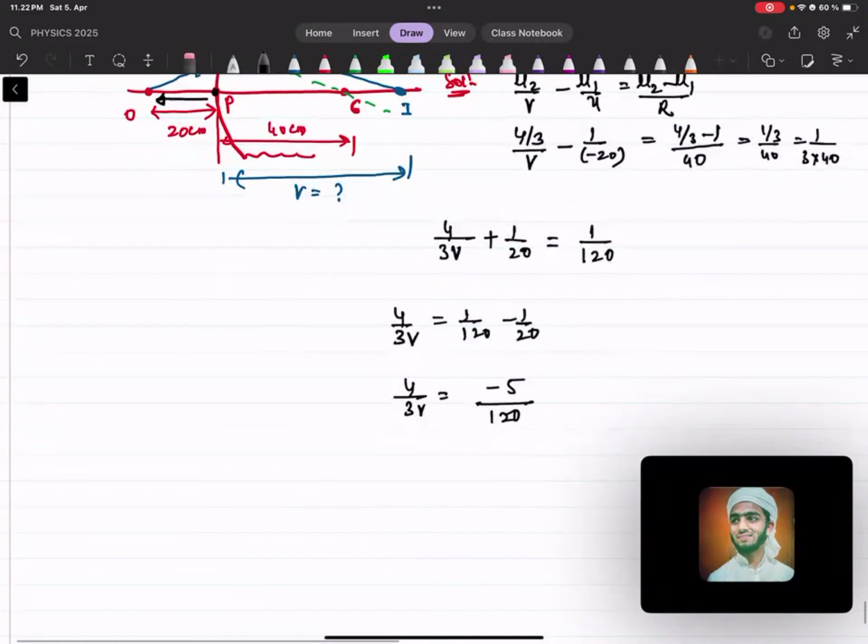Okay. So V will be equal to how much? What is the value of your V? So V is equal to, see how much I'm getting? 120 into 4 divided by minus, V will go up, 3 into 5.